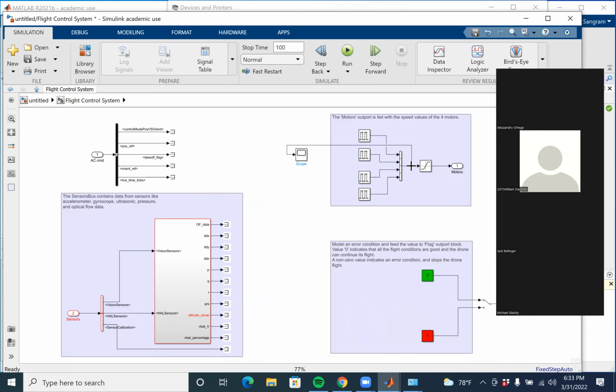saturation block. So I'll tell you what is happening. When you are dealing with practical robots, they have their own limitations. You cannot provide them input that is beyond the capabilities of the hardware. So what this saturation block does, it's sort of a fail safe.